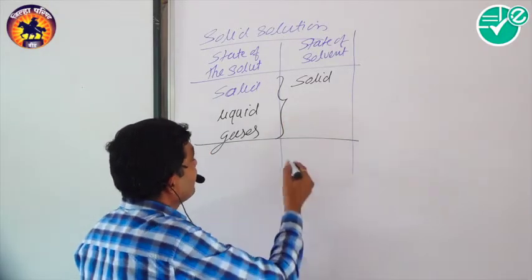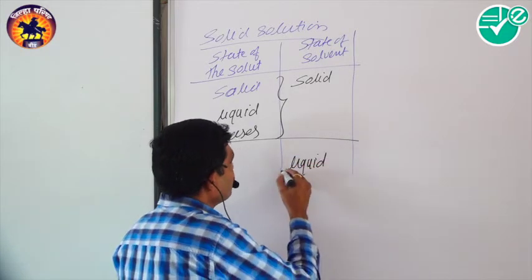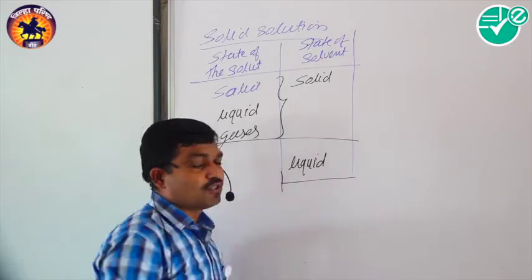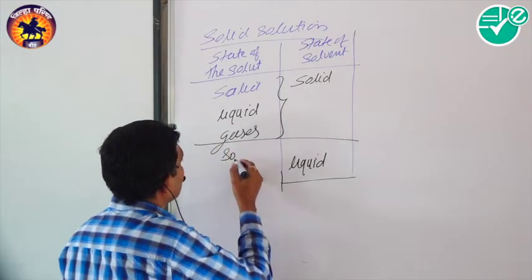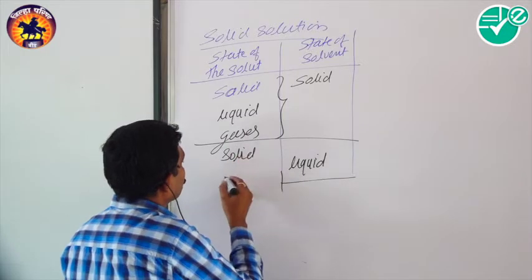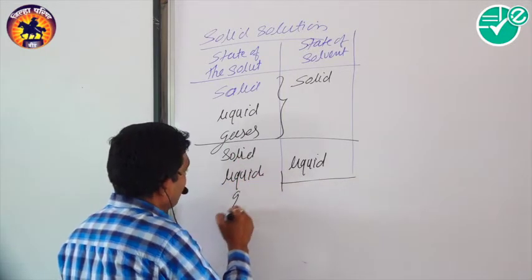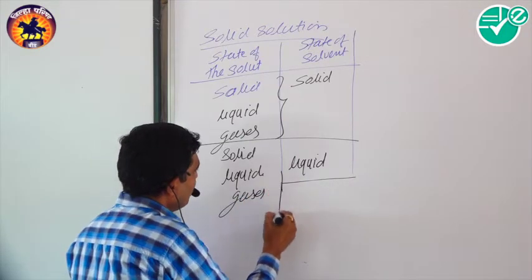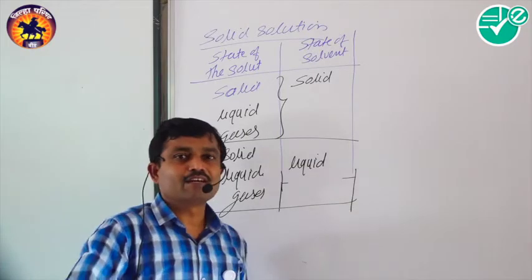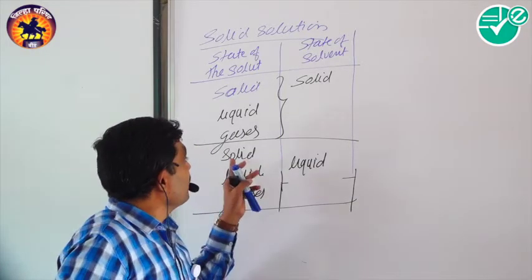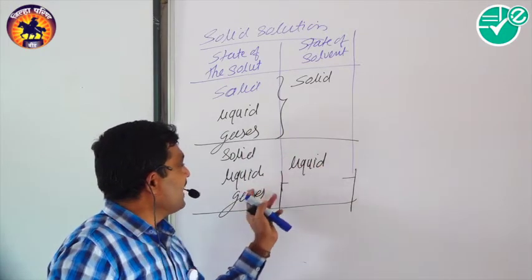Now here, that is a liquid solution. If you consider the liquid solution, here the state of the solute is a solid, then the liquid, then the gases. So again three types of liquid solution are there: solid in liquid, liquid in liquid and gases in liquid.